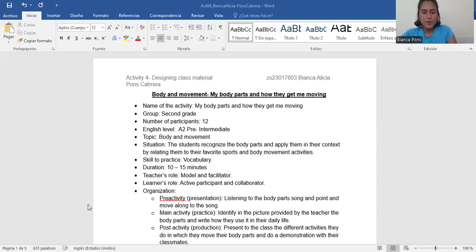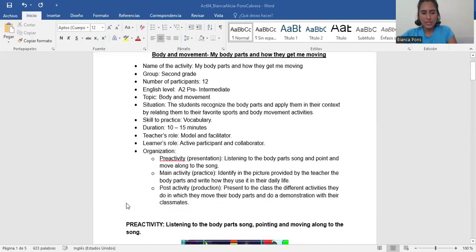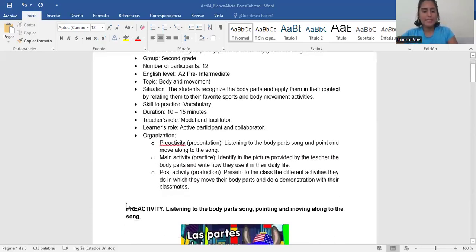Okay. So for the organization, I decided to implement the PPP method that was introduced to us in one of the readings that the teacher supplied for us. So this model, I remember it was told that it's a sort of textbook model.